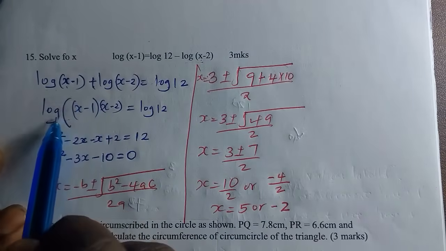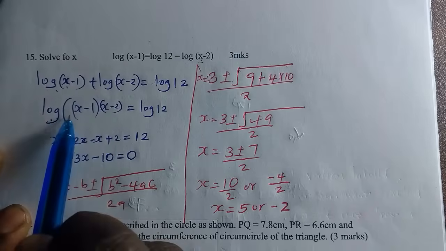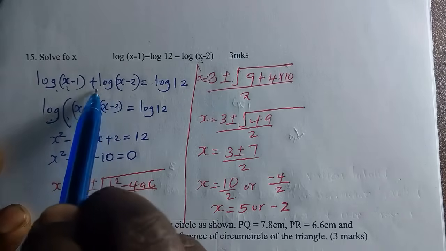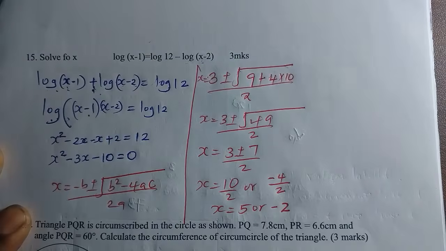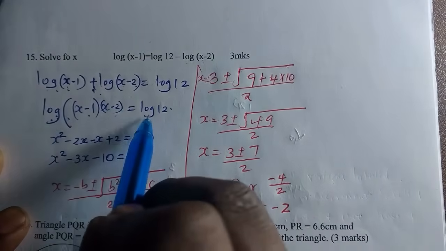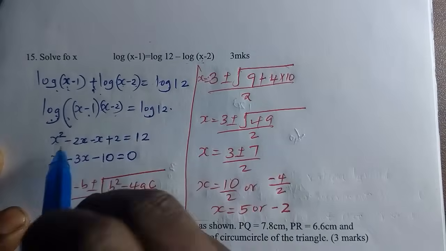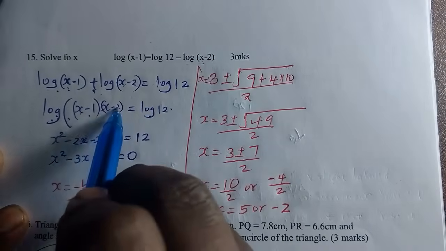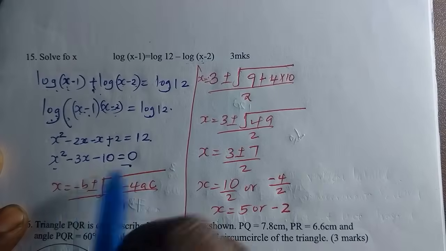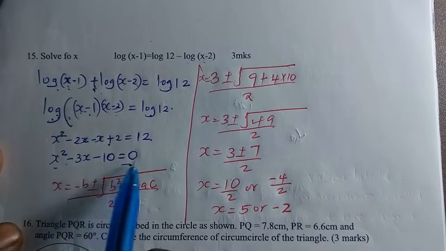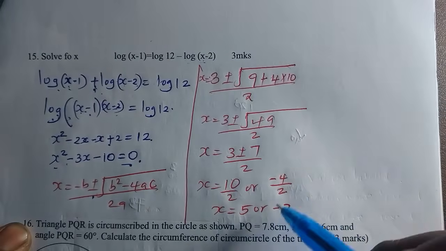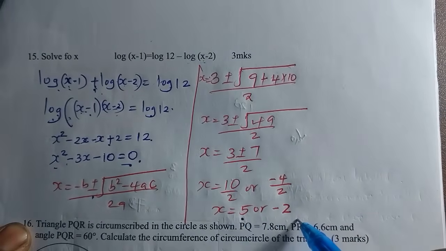Log is common, so take one log into x minus 1 times x minus 2, because addition means multiplication in logarithms, is equal to log this. So log and log are the same, it cancels out. When you multiply this times this, you get this is equal to, so it forms a quadratic equation. You solve that quadratic equation using the quadratic formula, and you get the value of x as 5 and negative 2, right?